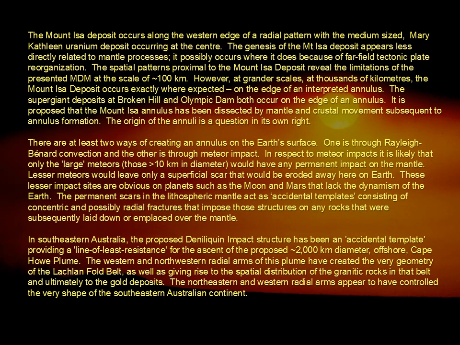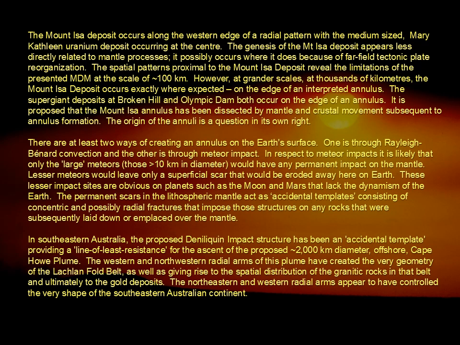The spatial pattern proximal to the Mount Isa deposit reveals the limitations of the presented mineral deposit model at a scale of 100 kilometers. However, at grander scales, at thousands of kilometers, the Mount Isa deposit occurs exactly where expected, on the edge of an interpreted annulus.